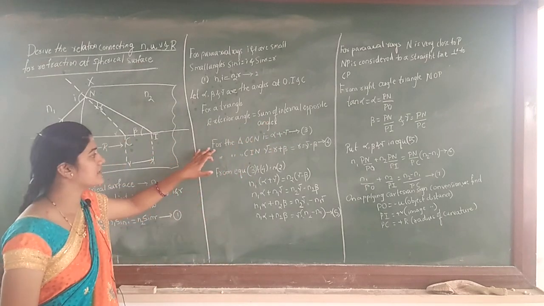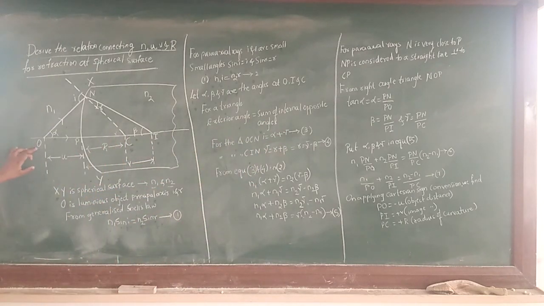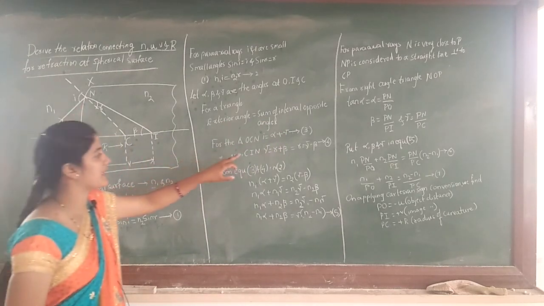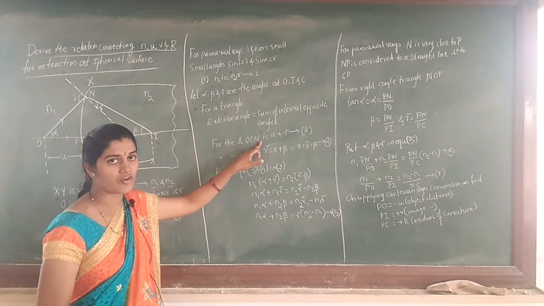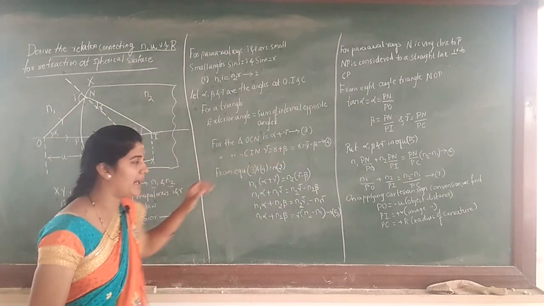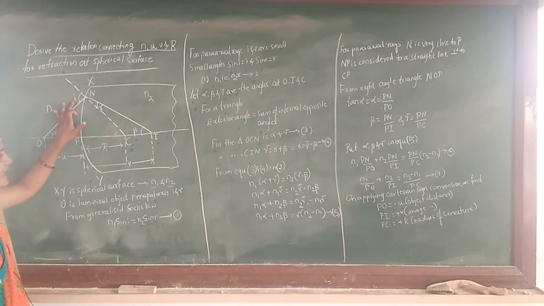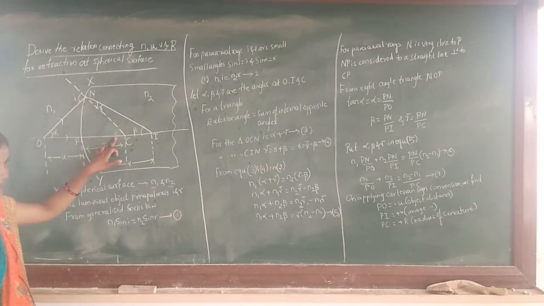According to that, from the triangle OIC, i is the angle of incidence, so i is equal to alpha plus gamma. Let us consider this as equation 3.